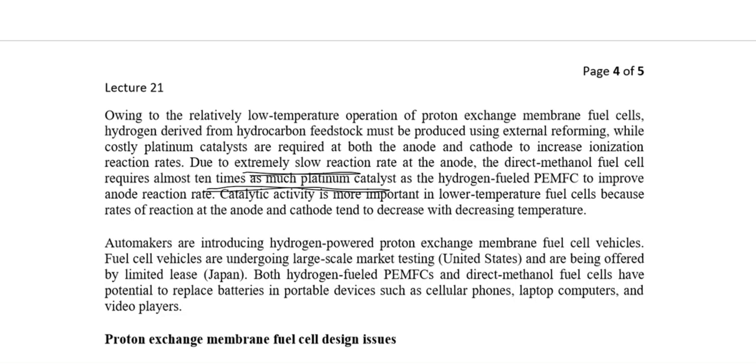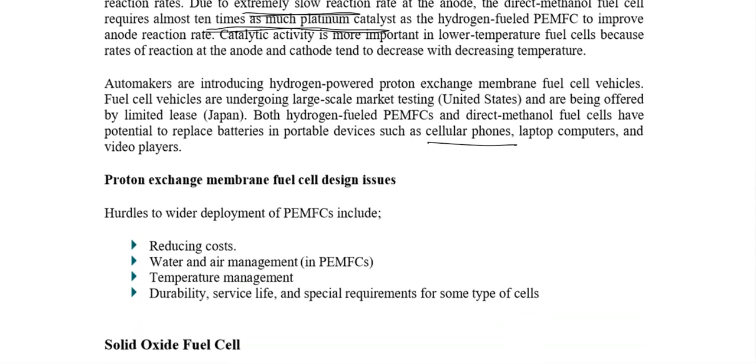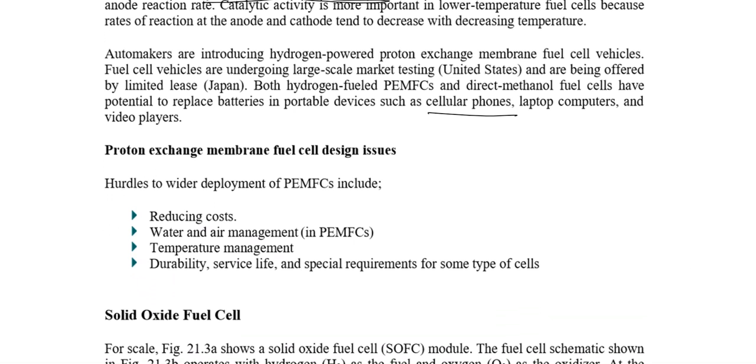There is also research going on to replace the batteries in portable devices like cell phones, laptop computers, or video players. I've also heard in the news that the iPhone has experimented with fuel cells as well.